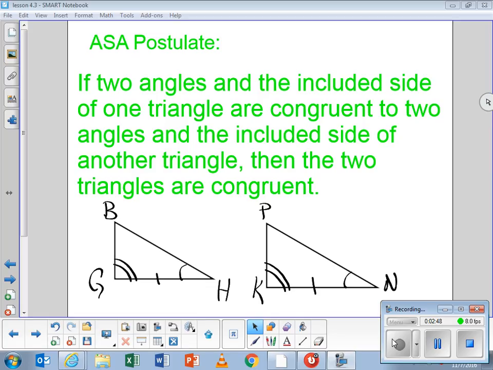That's exactly right. And so what do you think the significance of this ASA is? There's two angles, and the side has to be where? In between them. They have to be in order. An angle, and then that adjoining side, and then the next adjoining angle.